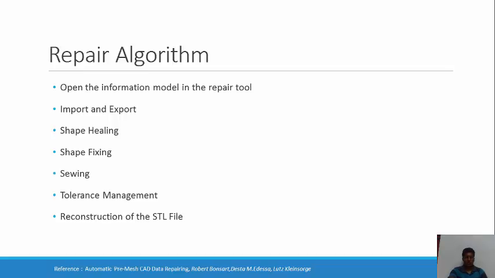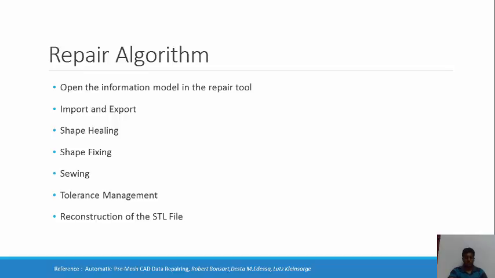Before shape healing or some shape fixing and shape sewing, some useful parameters are extracted from the input model. We will be talking about shape healing later on. These parameters help us to have general knowledge about the input model and consist of the number of entities, the type of entities, overall dimensions of the model, IGES global section information, etc.